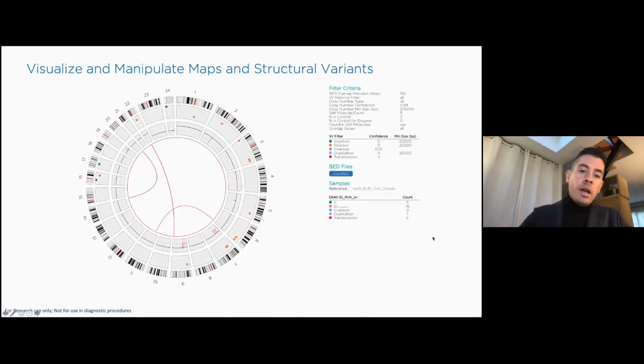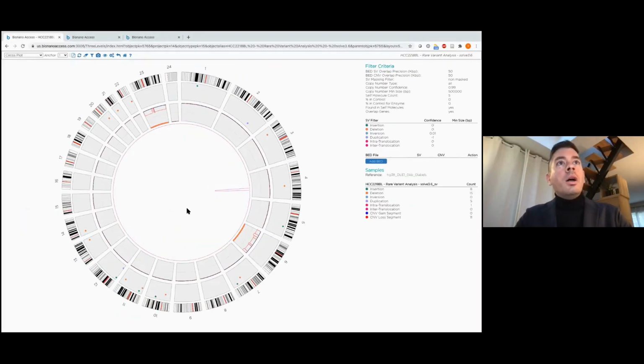You can visualize your cancer genome in our software called Access, and we represent the results in the form of a circos plot, but let me actually take you to the live instance of Access. You do have the cytobands on the outside corresponding to each region of each chromosome.